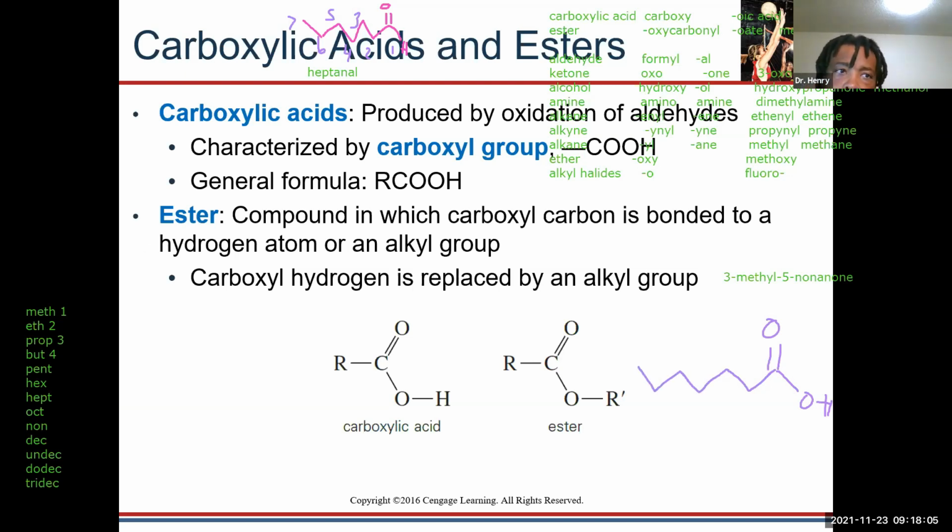So we would call this guy, we count the carbon chain. 1, 2, 3, 4, 5, 6, 7. So since it's a 7 carbon chain, we know a 7 carbon chain is hept. So it would be called heptanoic acid.